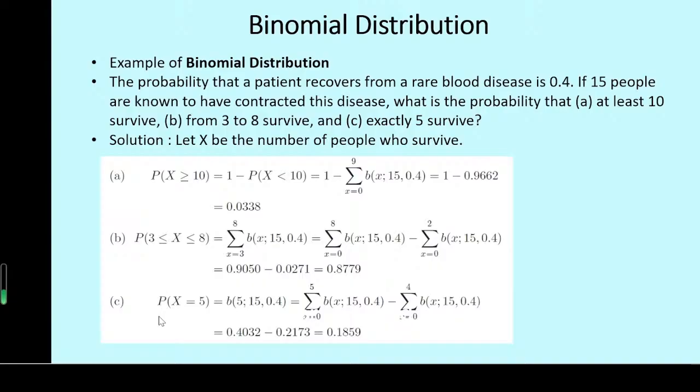And for the third question, the probability x equals 5, we can get from the sum over x from 0 to 5 of the binomial distribution minus the sum over x from 0 to 4. So the result is 0.859.